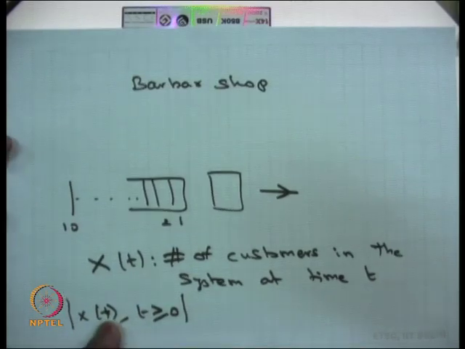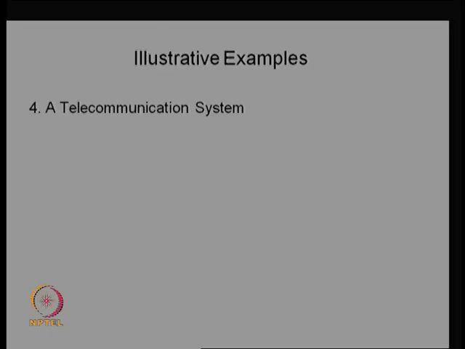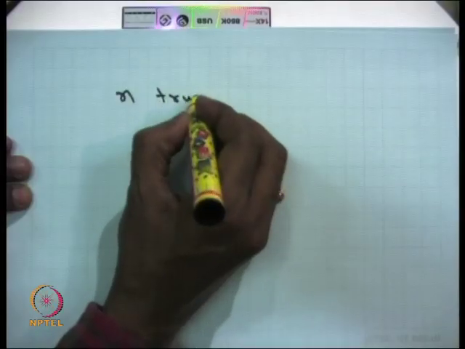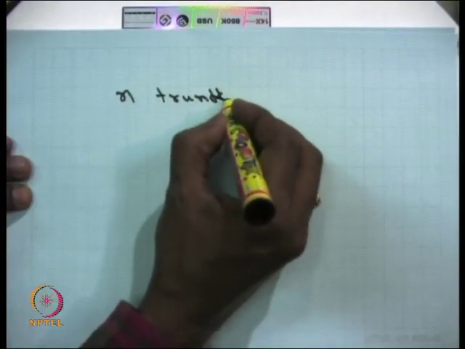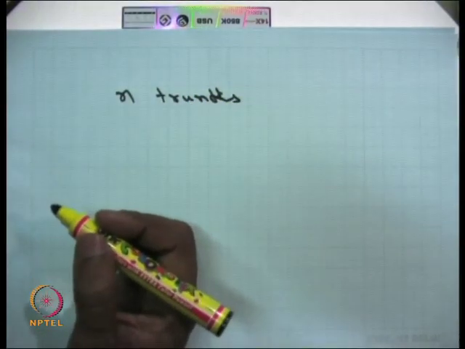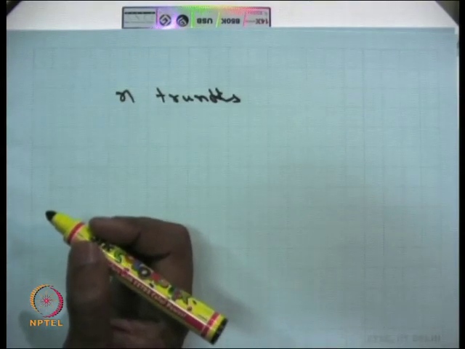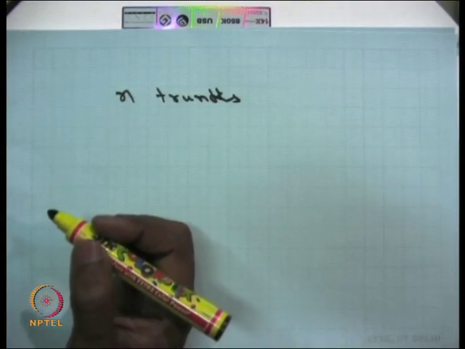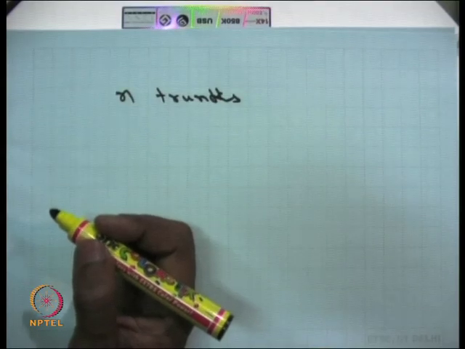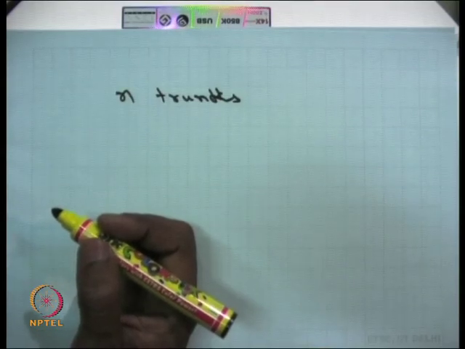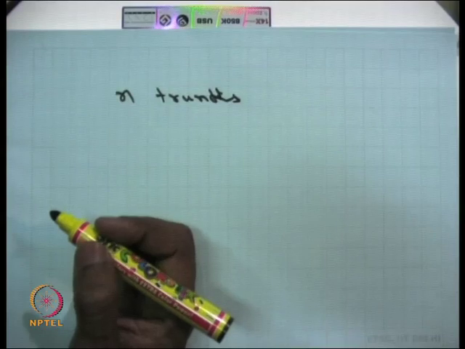Next, I am going to consider the fourth example, the telecommunication system. Suppose you think of a system in which you have n trunks. Trunks are nothing but the maximum number of calls allowed at any time. Whenever a call enters the system, you give one trunk to the call, and when the call is over, the trunk comes back.